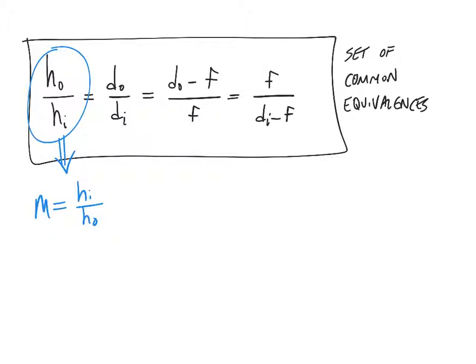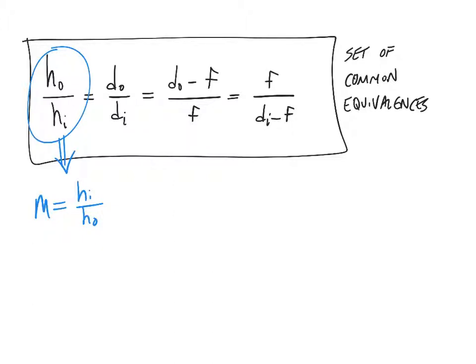The object height is the thing that's real. If this ratio is 1, then your image height is the same as your object height. If this ratio is less than 1, then you're shrinking it, because your image height is smaller than your object height. And if it's bigger than 1, then you're magnifying it. So this is a magnification ratio.